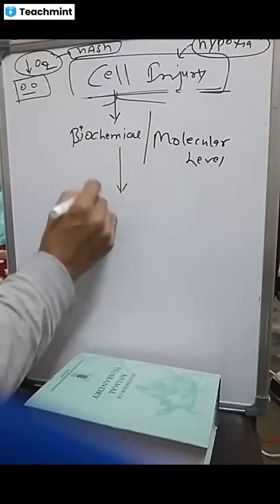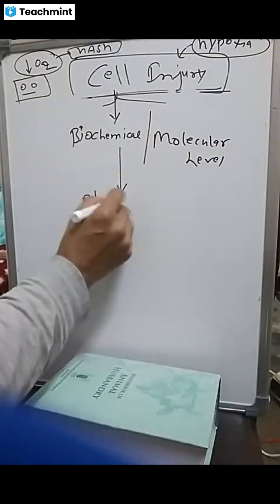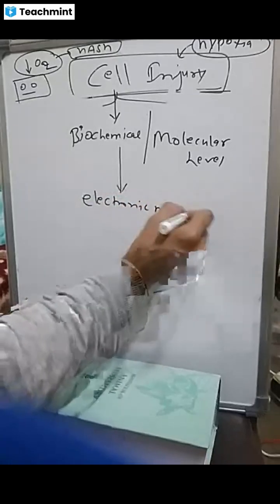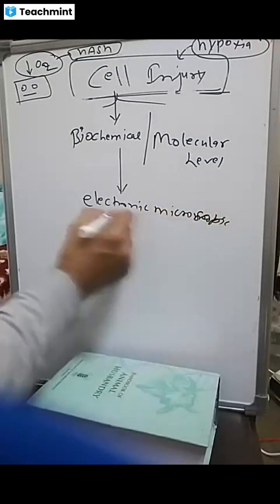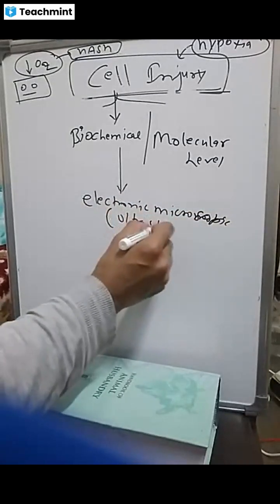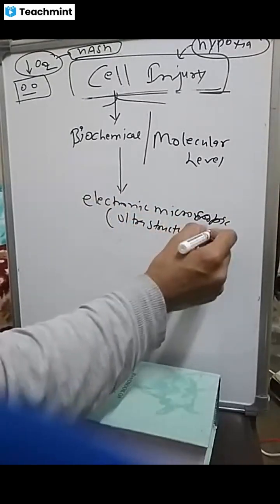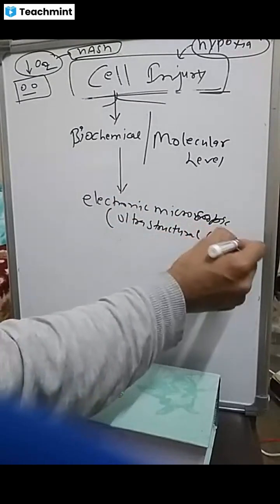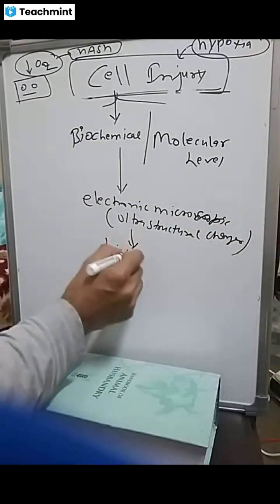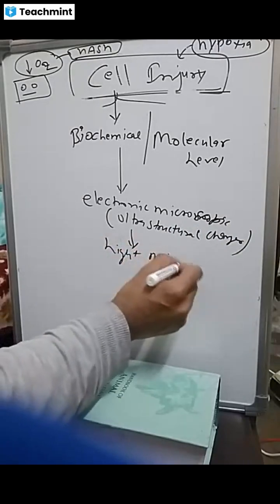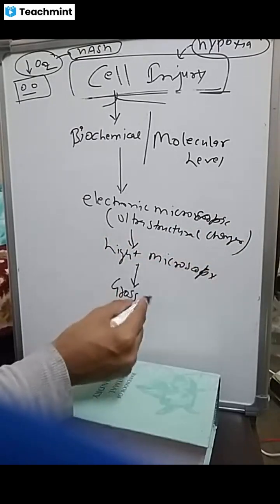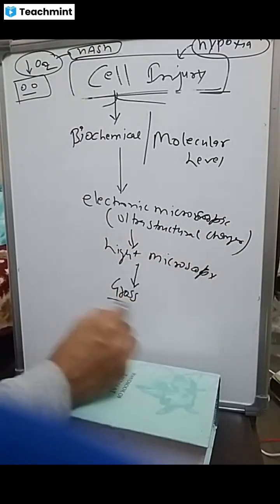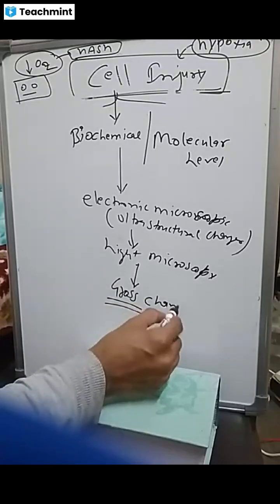Then electron microscopic, ultrastructural changes. Then changes come at the light microscope level, and at the end they are visible grossly, as gross changes.